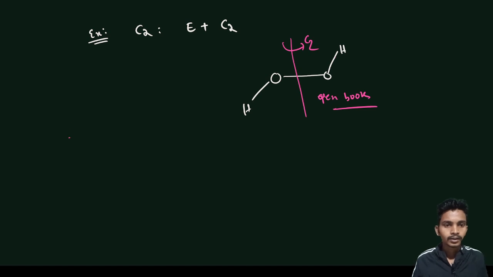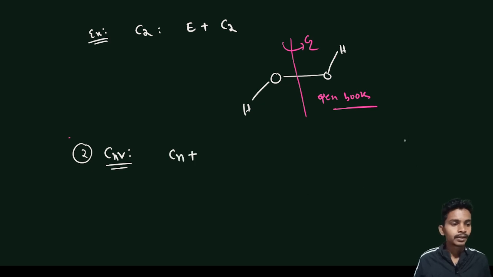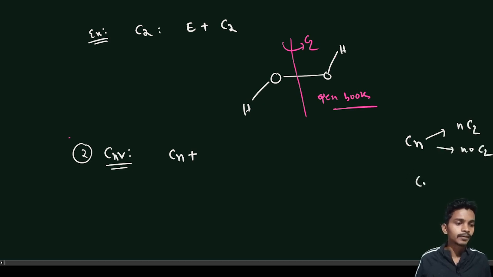So now we'll discuss the second type. You can say about any Cnv molecules. Cnv molecules means one rotational axis, so Cn is present, and we know that whenever Cn is present, either n C2 is present or no C2 is present. Similarly, if Cn is present, either n sigma v is present or no sigma v is present.